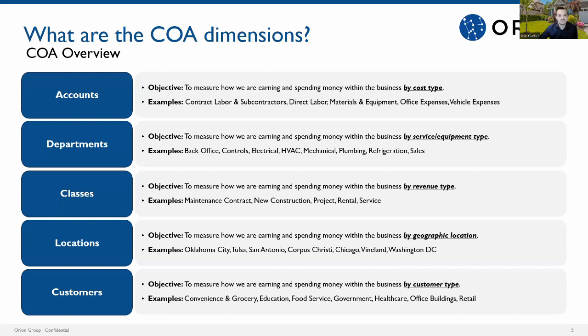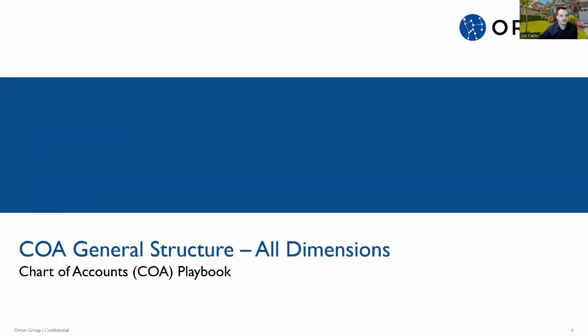An example would be specific cities such as Oklahoma City, Tulsa, San Antonio, Corpus Christi, Chicago, Vinland, Washington, D.C., etc. And the final dimension is customers, measuring how we earn and spend money by customer type. Examples of this could be convenience or grocery stores, education, food service, government, healthcare, office buildings, retail, etc.